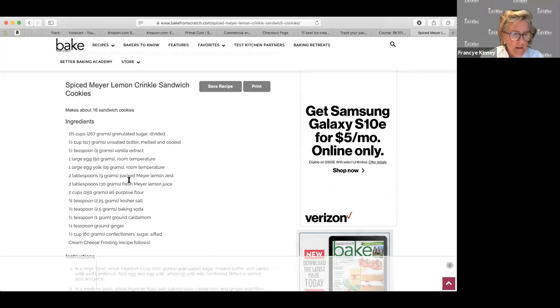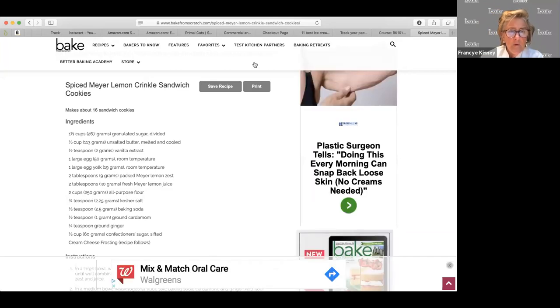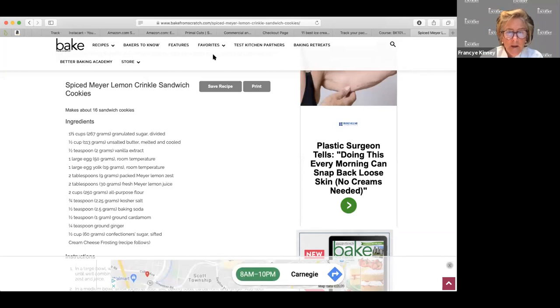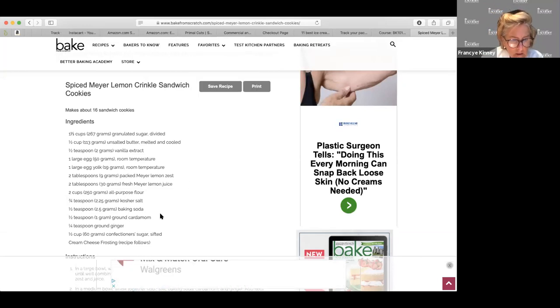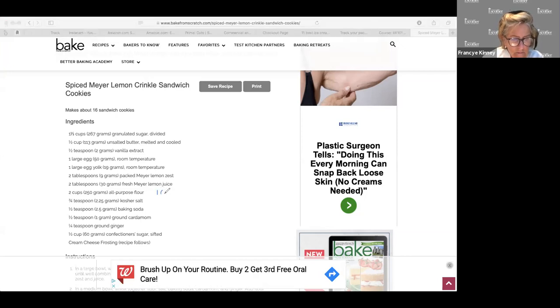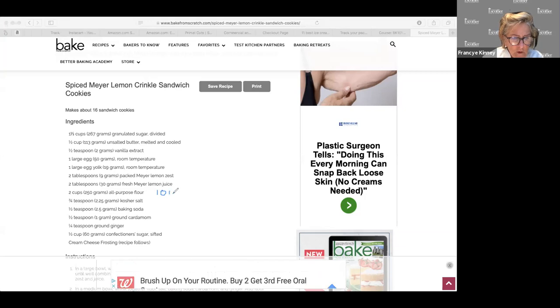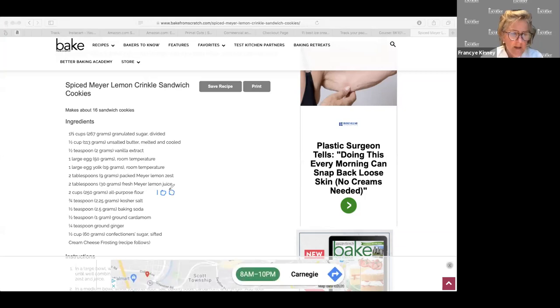So we can see they've got 250 grams of flour. That will be our 100% ingredient, so let's put 100 here, and then we're going to divide everything by that.